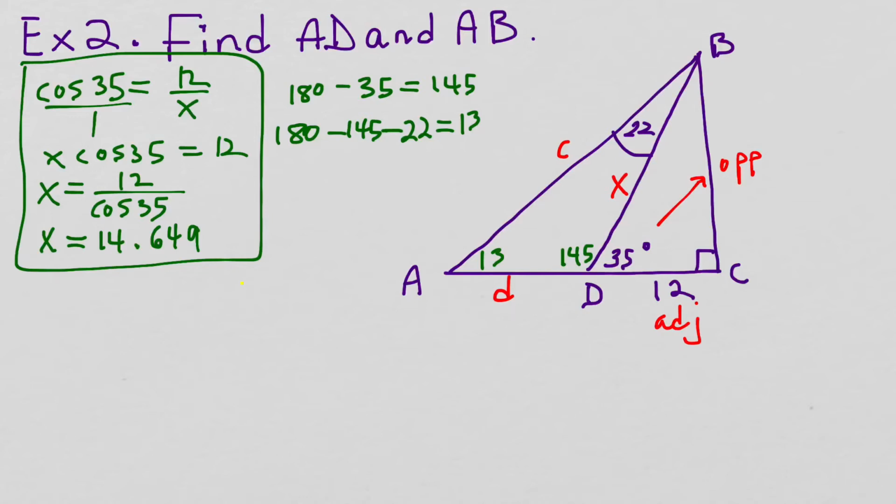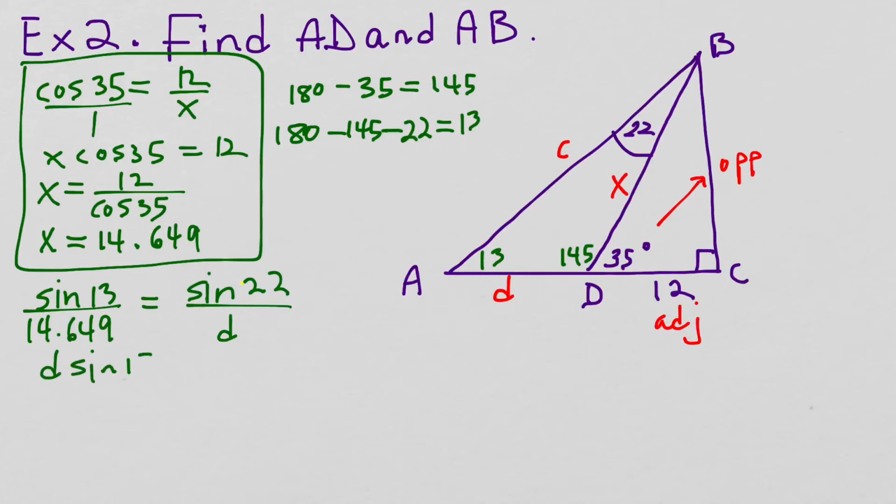First, sine of 13 over x. We said x was 14.649, is equal to, let's solve for d first, sine of 22 over little d. So d sine 13 equals 14.649 sine 22.